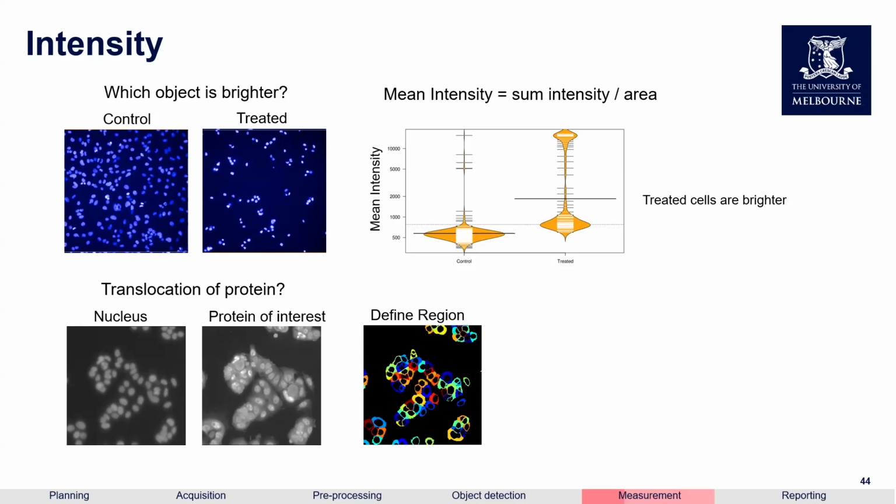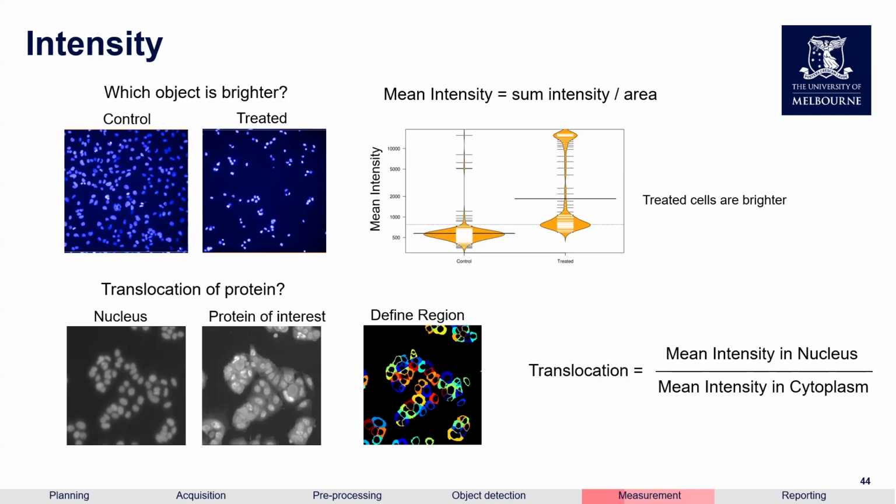And so once we define the nucleus and cytoplasm area of each cell, then we can use the protein channel to measure the intensity. And then we can calculate the nucleus to cytoplasm mean intensity ratio as an indicator of translocation.